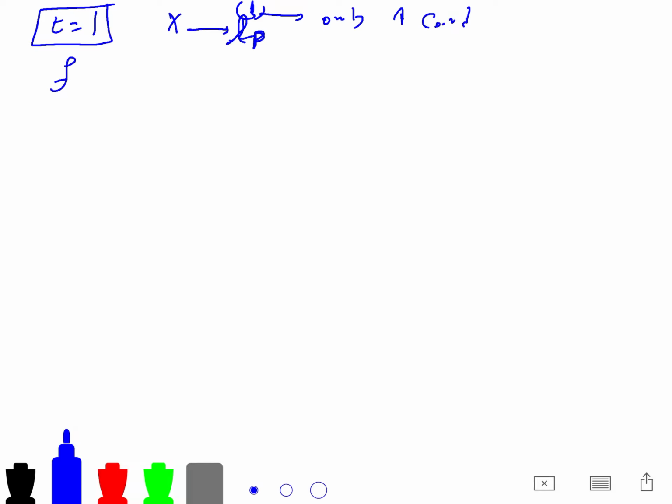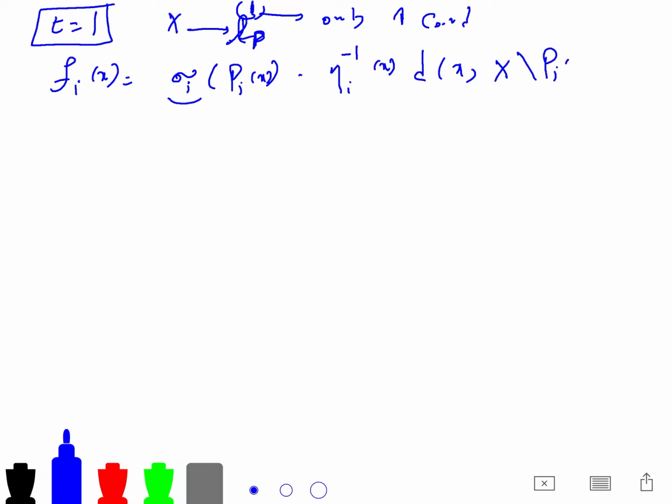And so f_i of x, recall that this is sigma_i of pi of x. Sigma_i is the Bernoulli times eta, that padding parameter that I was talking about, and times the distance of x excluding pi of x.